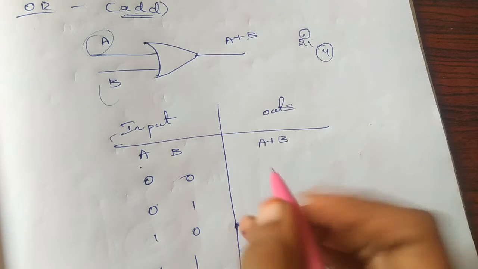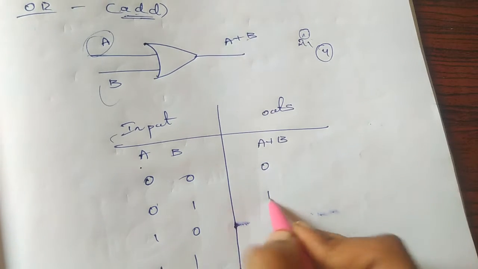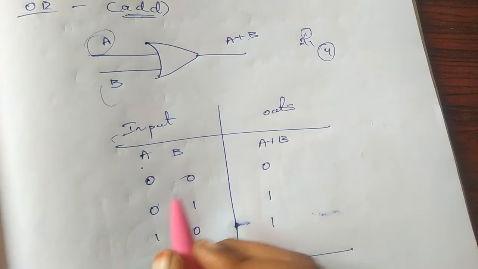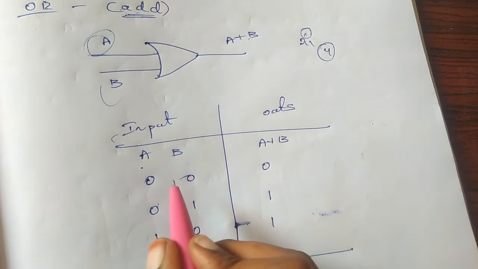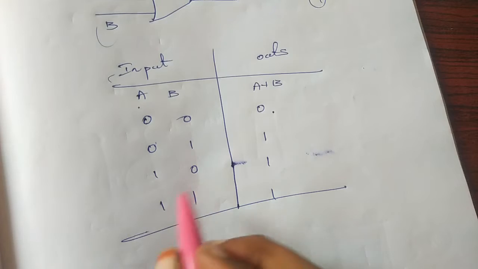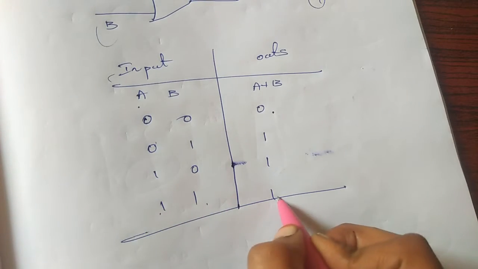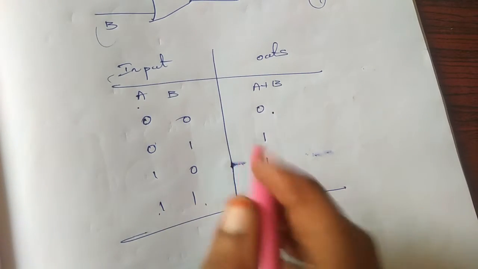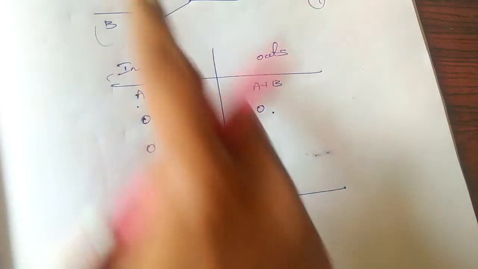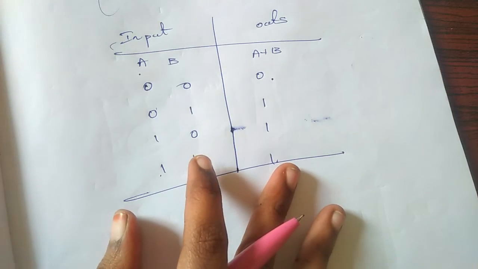The outputs are 0, 1, 1, 1. If the two inputs are low, then the output is low. If the two inputs are high, then the output is high. If any one of the inputs is high, then the output is high. So this is the OR gate truth table.